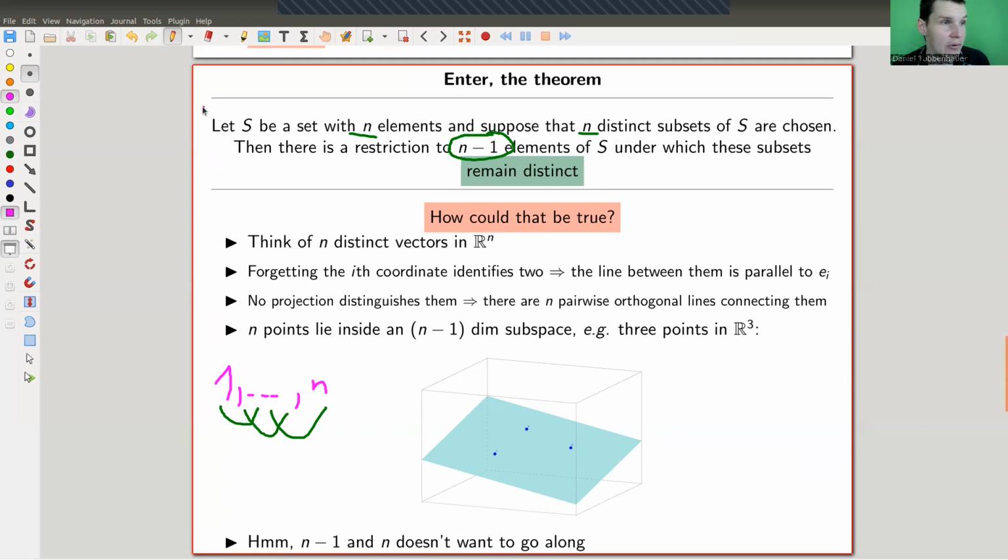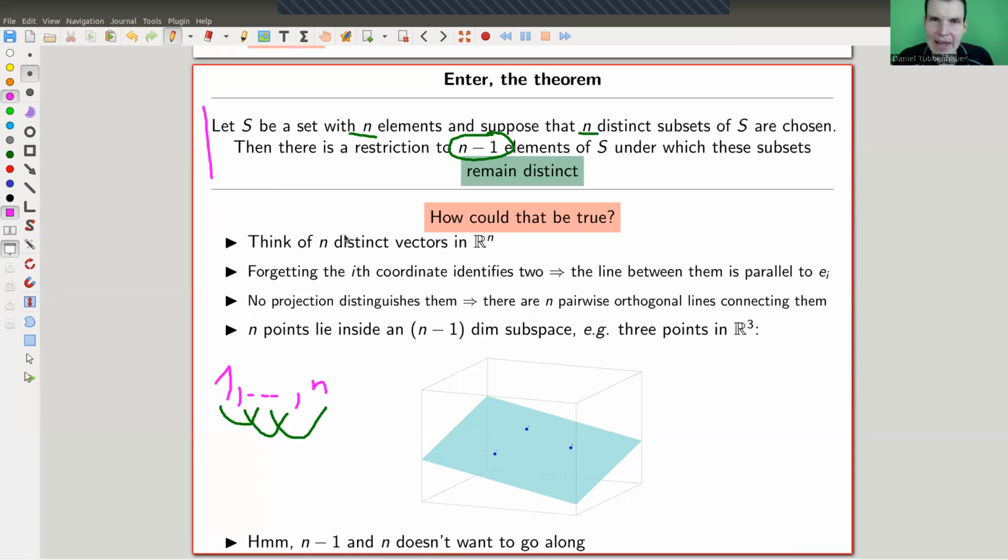So this is this idea of forgetting information. You have n elements to play around with, you throw away one, and whatever you had before is still different. And that's a really weird and surprising statement. I think that's really surprising, but it is true, and it's actually not so hard to prove.